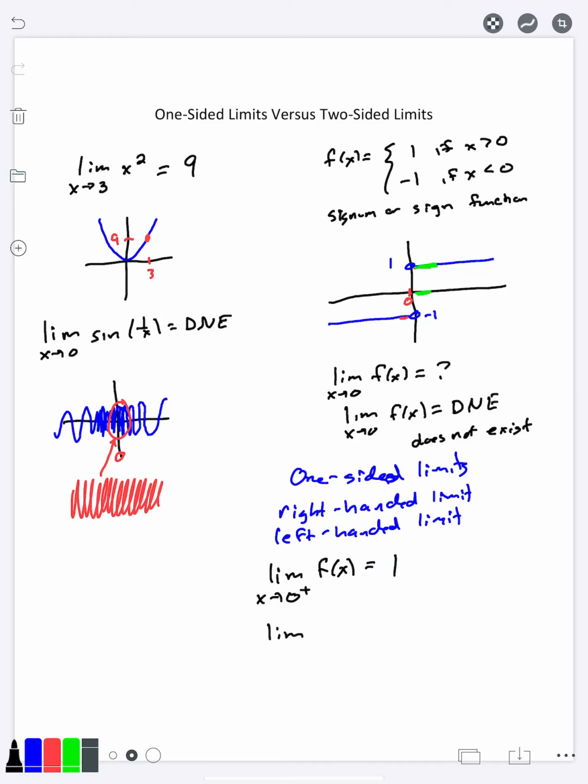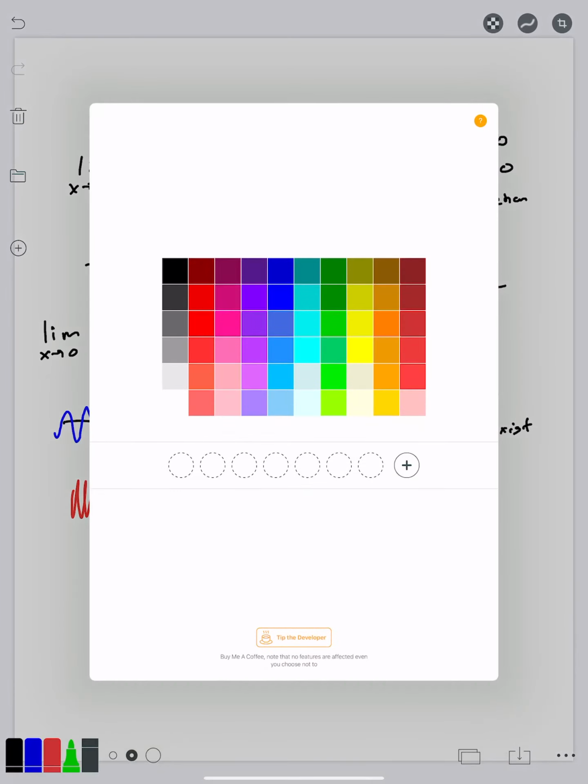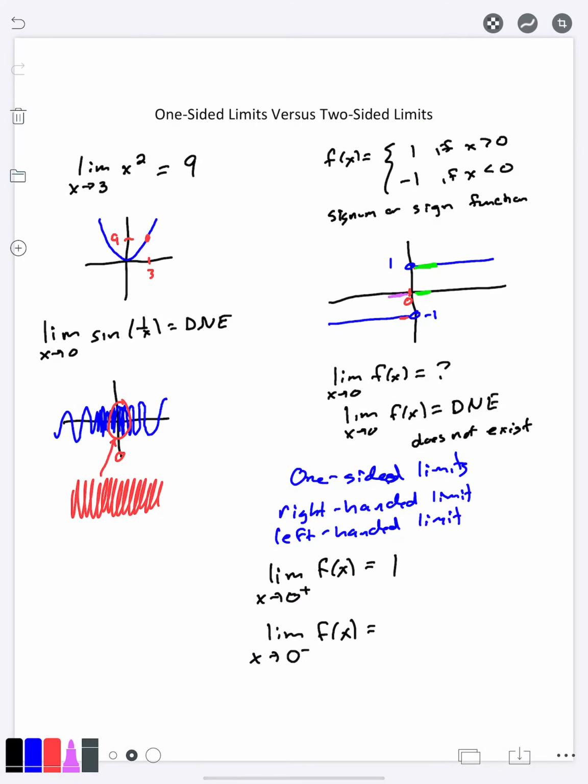On the other hand, if I did a left-handed limit, which I put a little negative sign in the upper right-hand corner, and I look at my graph here and I say, okay, what's my y values on the left side of 0? And those are all at negative 1, and so my limit here would be negative 1.